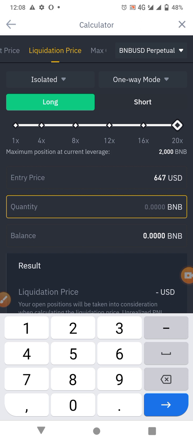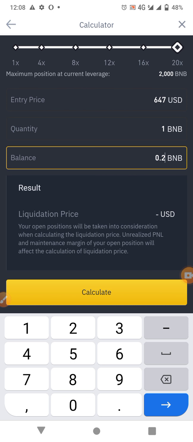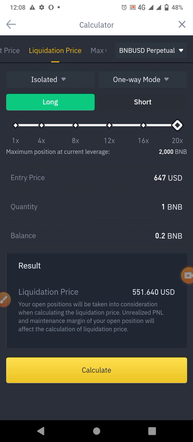Let's assume that I'm buying one BNB and I have like 0.2 BNB in my margin wallet. Let me calculate it. So that means I believe BNB will continue to rise. That's why I buy long.